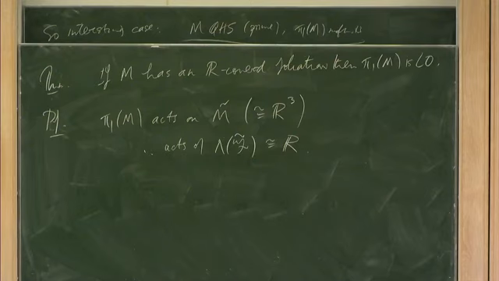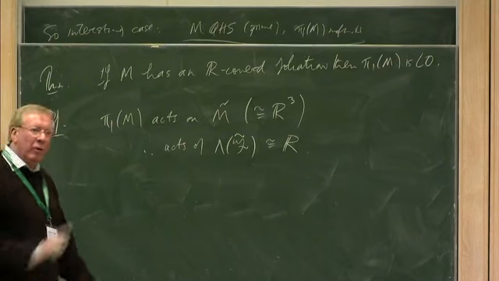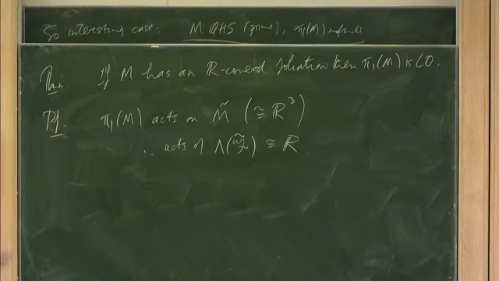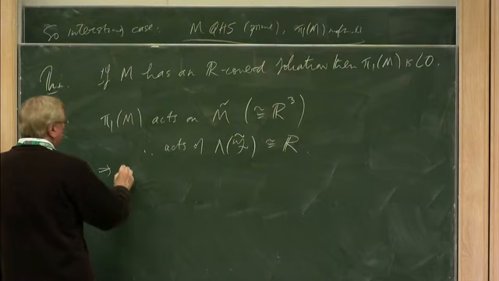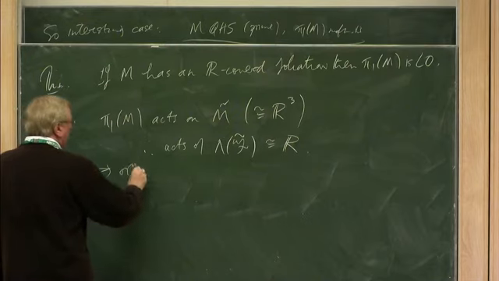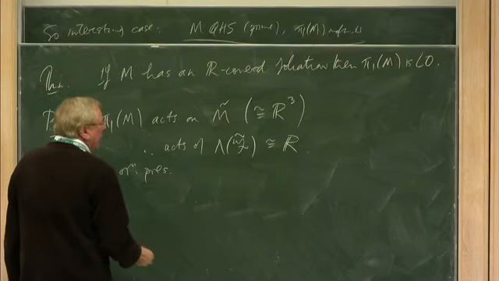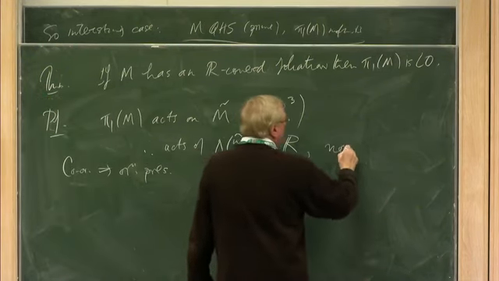Now, it's clearly a non-trivial action because the quotient is compact, and it's orientation preserving because of the co-orientability condition. Co-orientable implies orientation preserving, and of course it acts non-trivially.